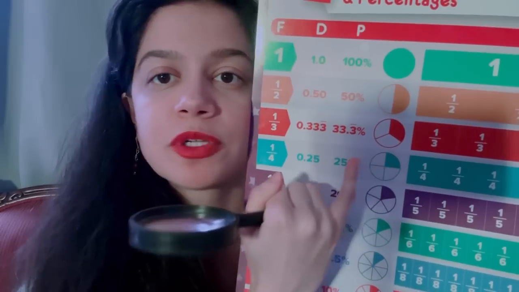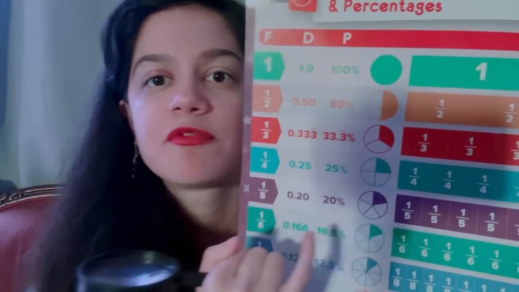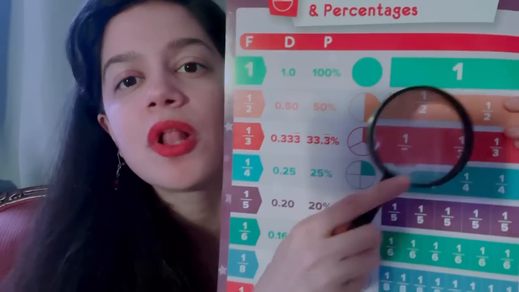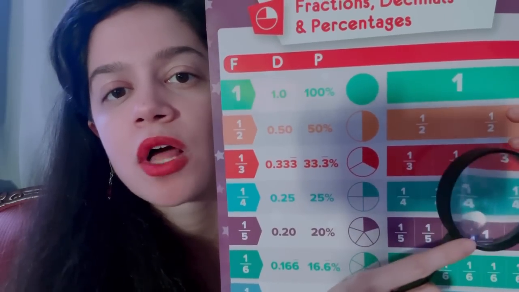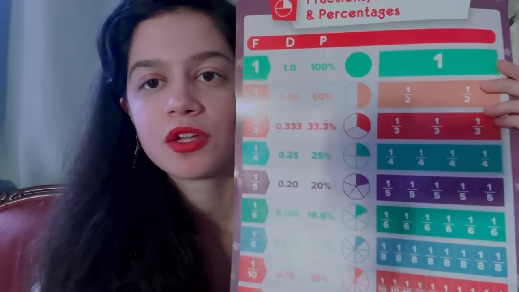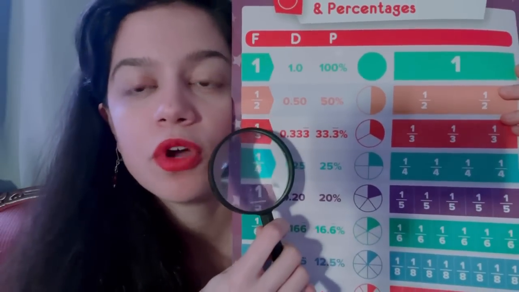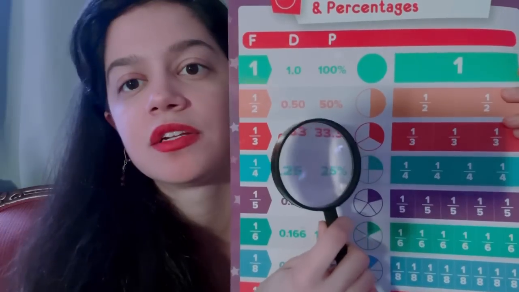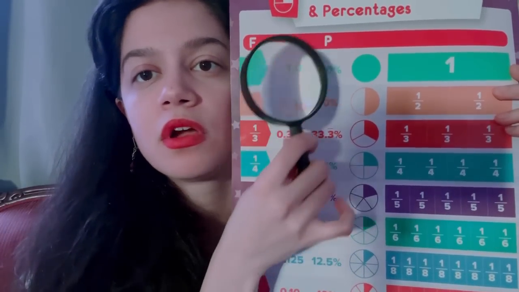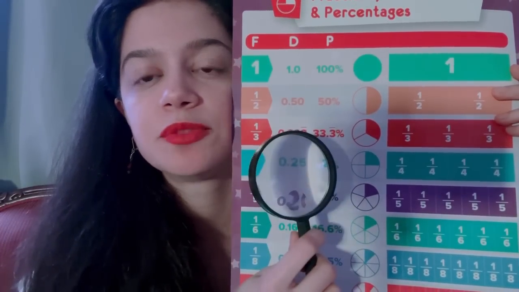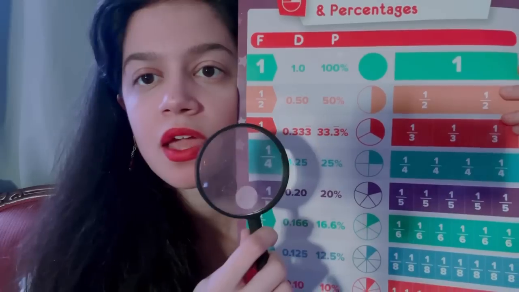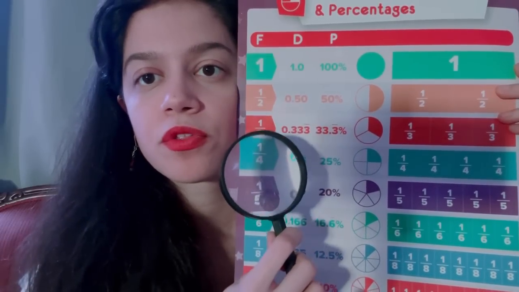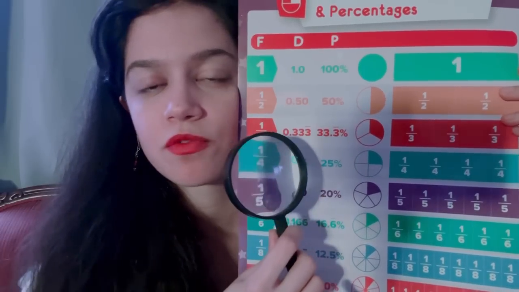So this is 25%, 25%, 25%, 25%. 1/4 of the block, 1/4 of the block, 1/4 of the block, 1/4 of the block. So 1/4 of 100% is 25%. 1/4 of 1 whole is 0.25. And 1/4 of 1 is just 1/4.